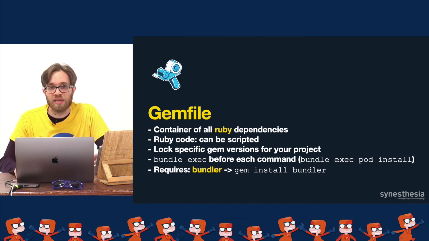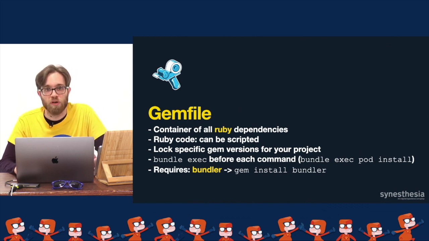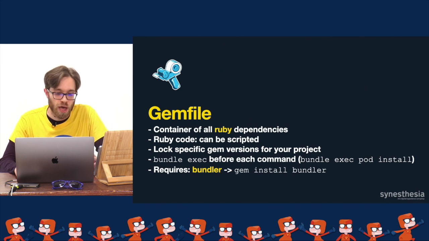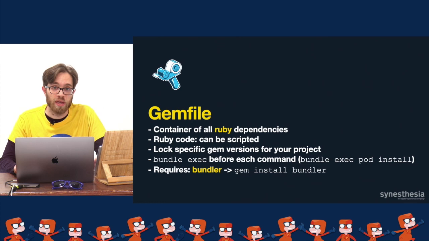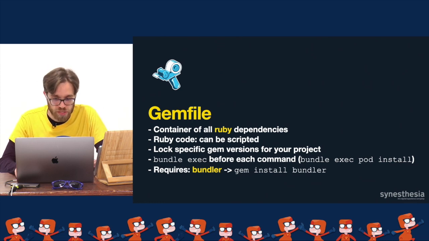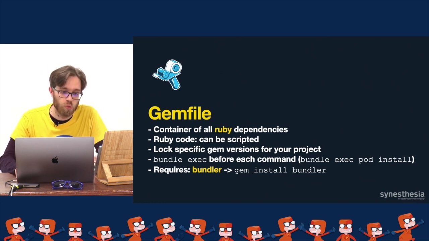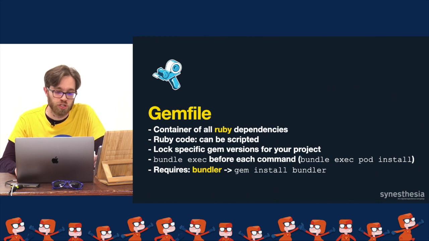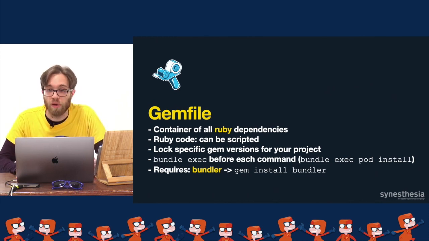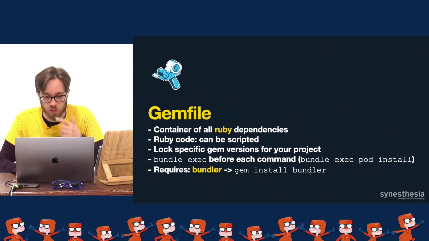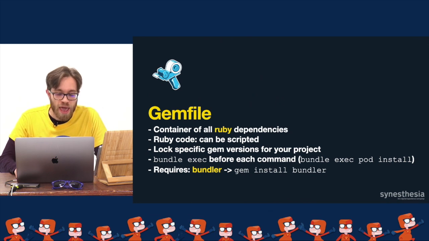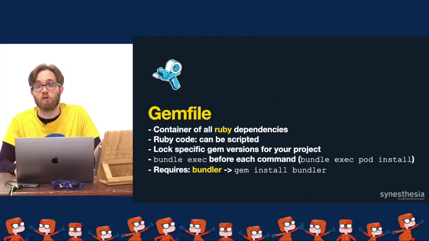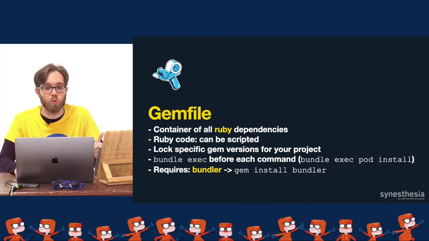A Gemfile is a kind of copy of a Podfile because it's a container for all the Ruby dependencies needed by our environment and our project. And to use a Gemfile, we have to install a special gem system-wide called bundler, which is usually installed by running gem install bundler once, and by prepending bundle exec before every gem command we want to use.